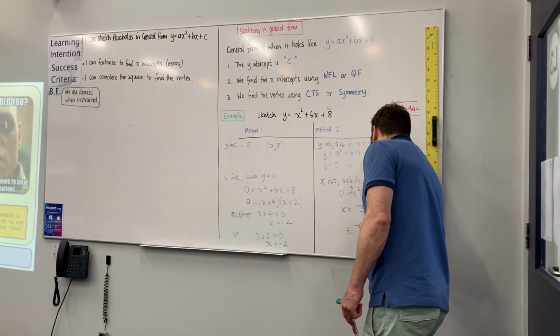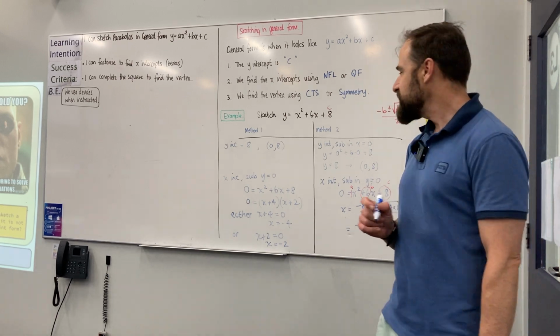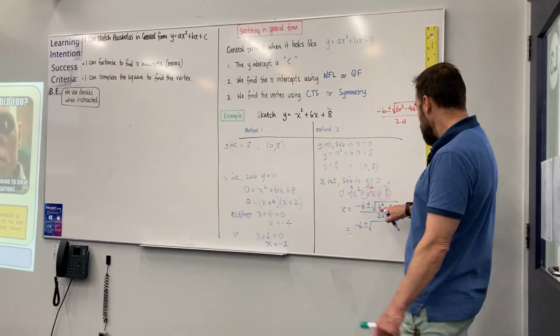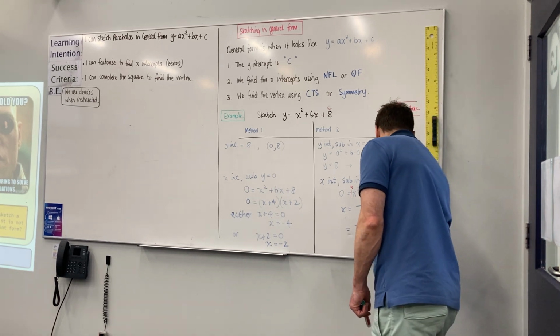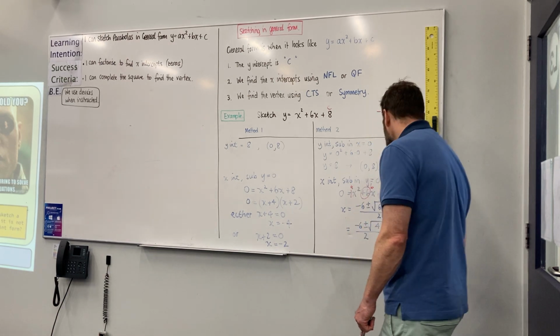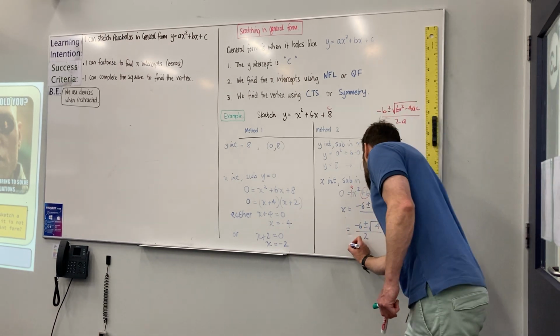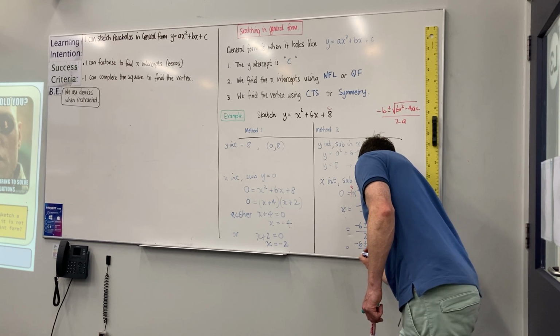So now I've got to get my math brain on and do this as quickly as I can, because I'm pretending I'm in an exam and it's also making the video shorter. 36 minus 32 is 4. 2 times 1 is 2. Square root of 4 is 2. So it's 6 plus or minus 2 divided by 2.